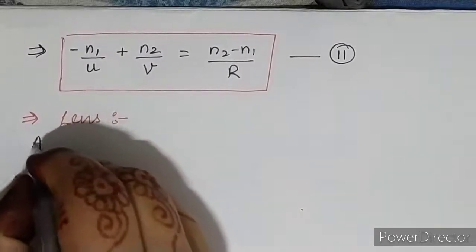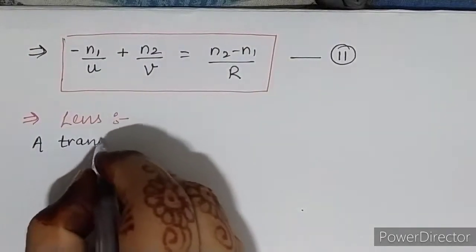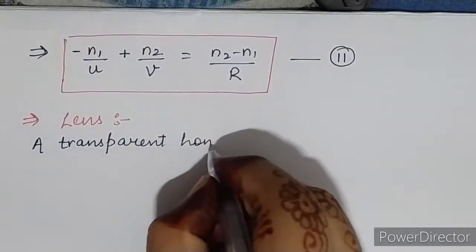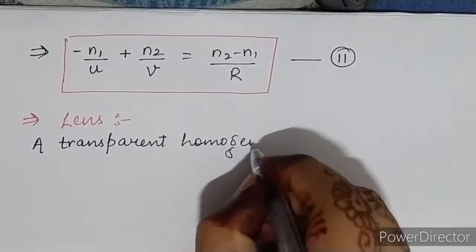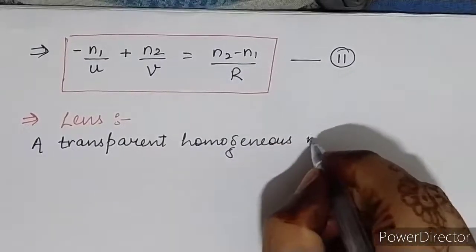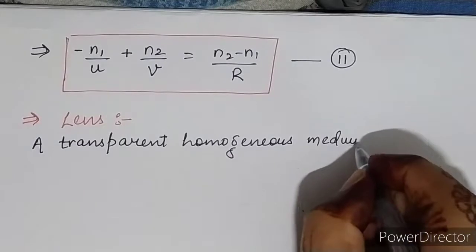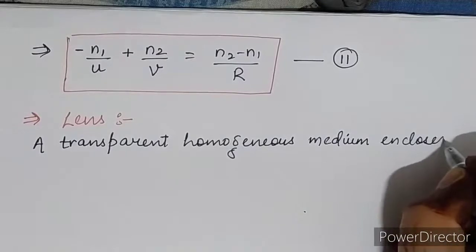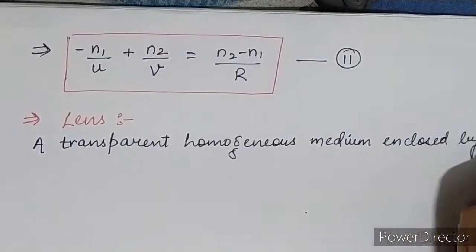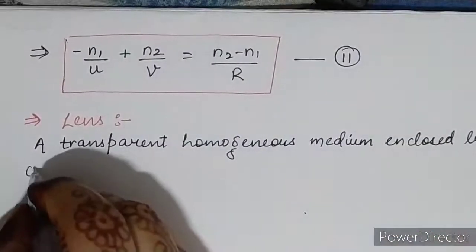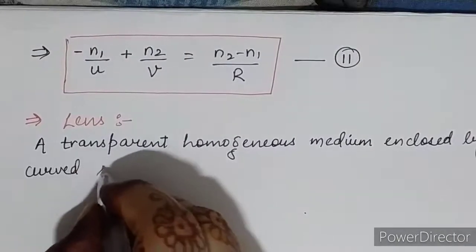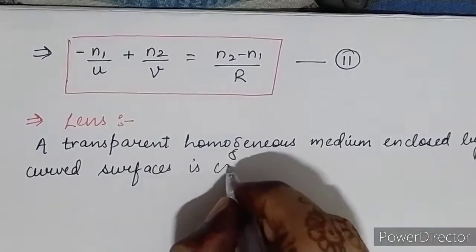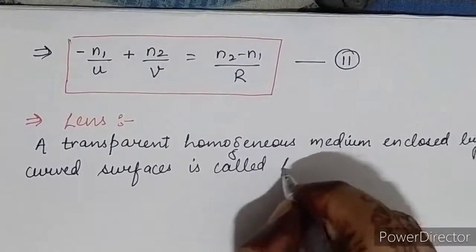A transparent homogeneous medium enclosed by two curved surfaces is called a lens.